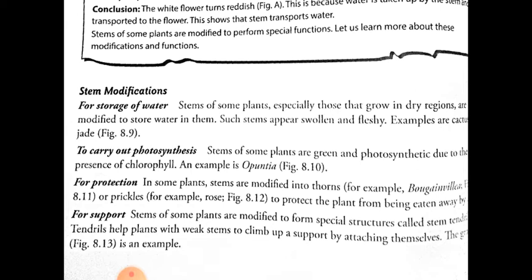Tendrils help weak plants, whose stems are weak, to stand upright by attaching themselves to walls or nearby objects. The example is the grape plant. The grape plant takes the support and stands up straight.